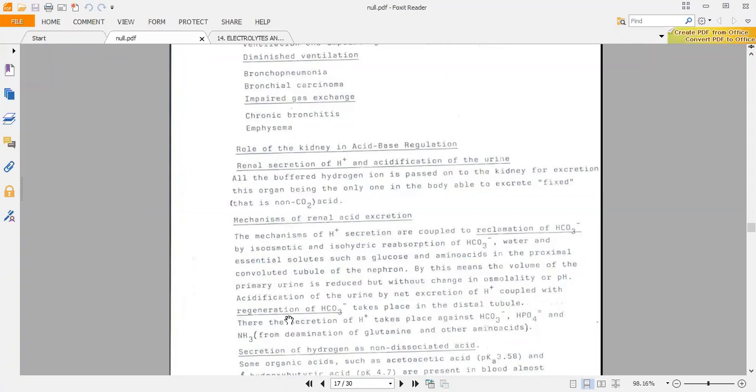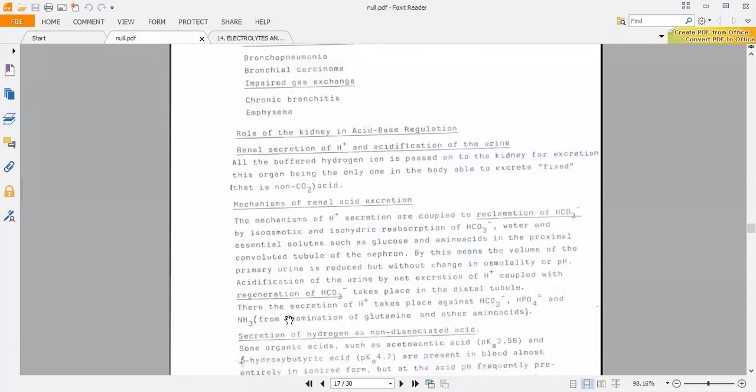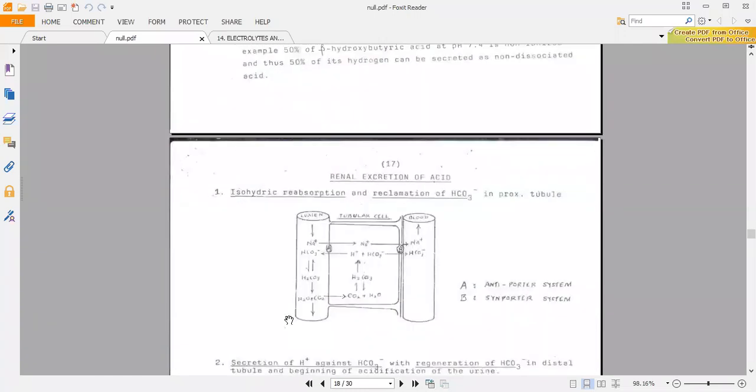Okay, good. Now, as I said, the lungs and the kidneys perform an important role in acid-base balance. Let me start with the lungs, because the lungs is very easy.